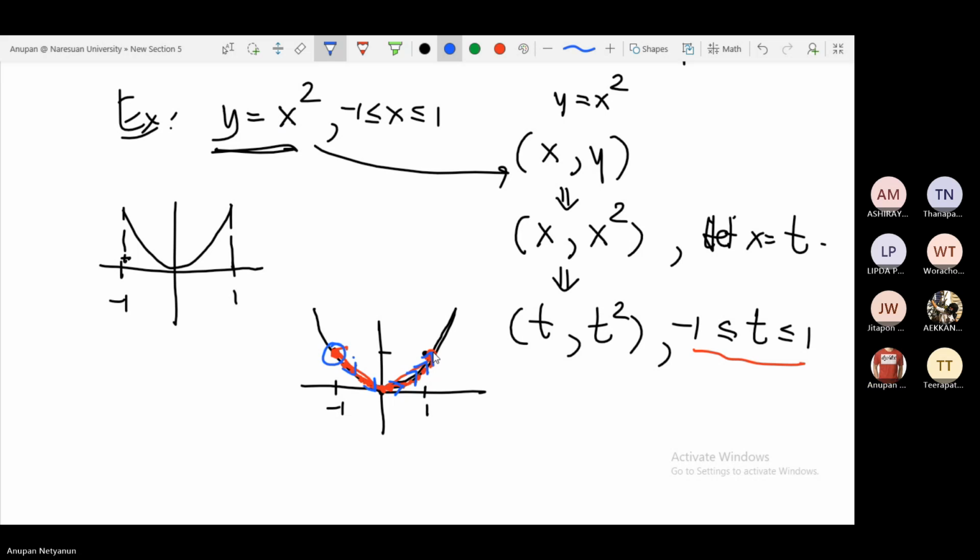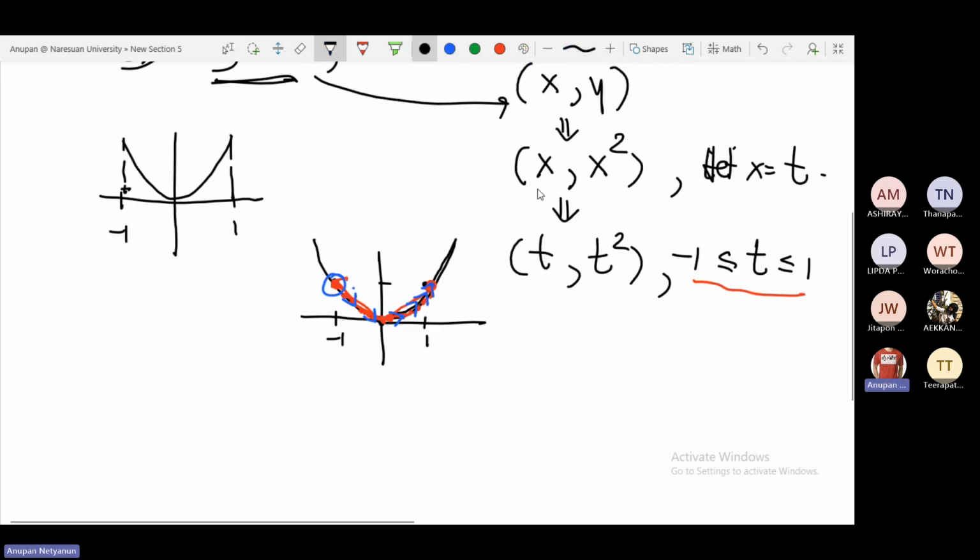Okay. Instead of getting just a graph, you get the direction of the point, where it starts and where it is moving to. And you look at this as the vector form instead of point, right?